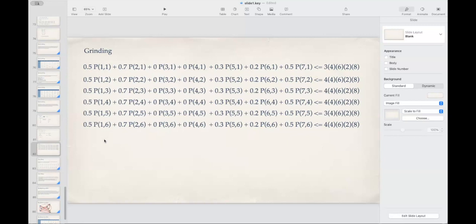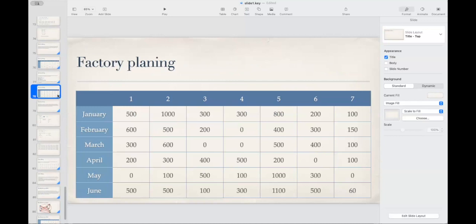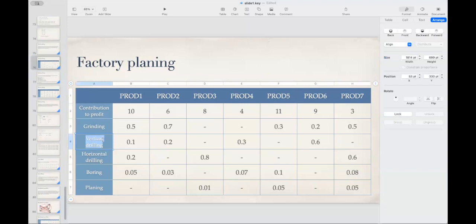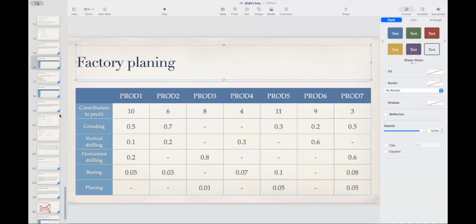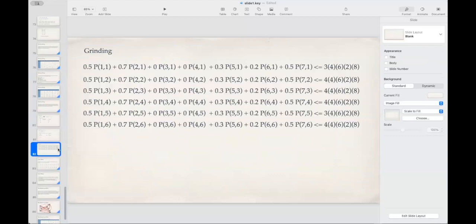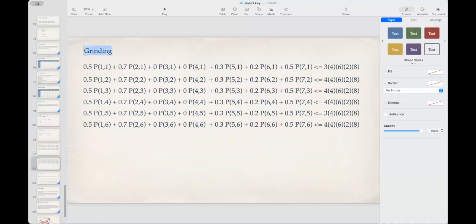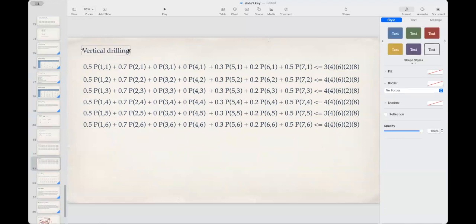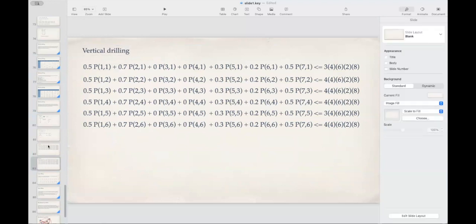We need constraints for, beside grinding, vertical drilling. Yeah, vertical drilling. Yeah, the next one is vertical drilling. Just one moment.